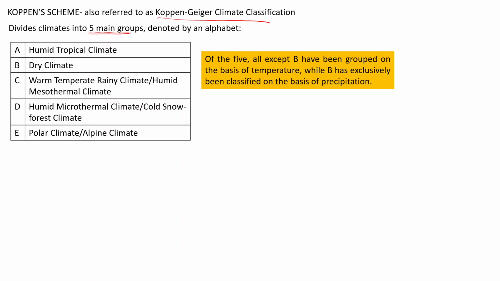Of these five classes, all except B have been grouped on the basis of temperature, while B has been classified exclusively on the basis of precipitation. So, why do we say that? Because we all know that deserts are of two types: hot deserts and cold deserts.